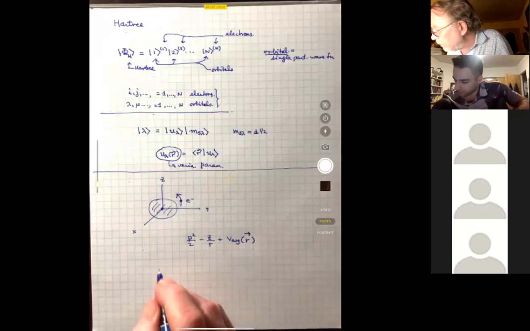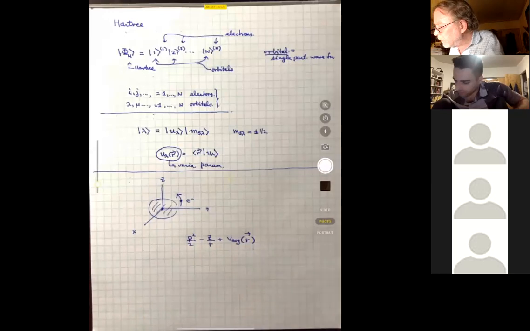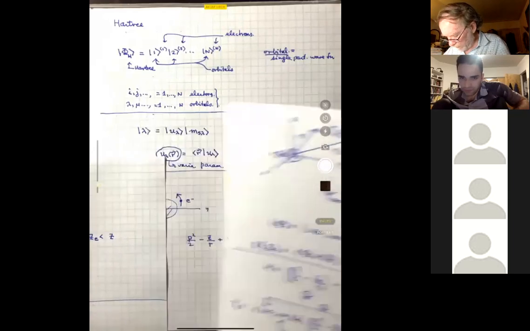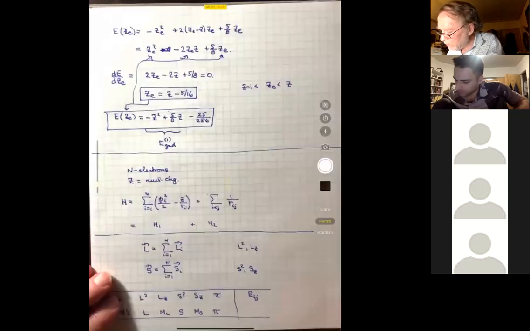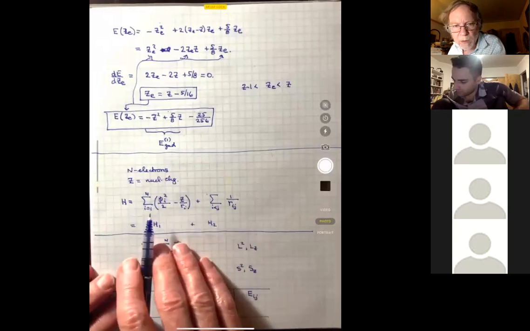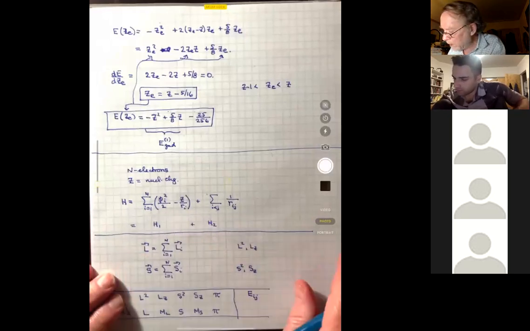So in effect, if we do this, the original Hamiltonian, here it is, we broke it up into H1 and H2 terms. Remember, these are the one particle and two particle terms of the full Hamiltonian.